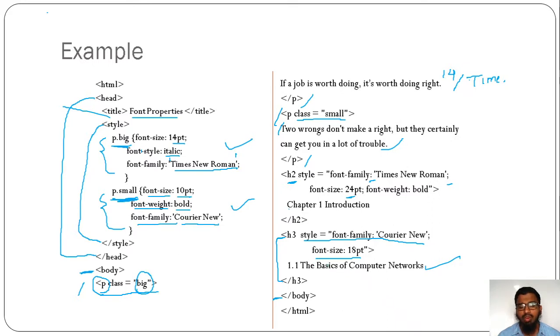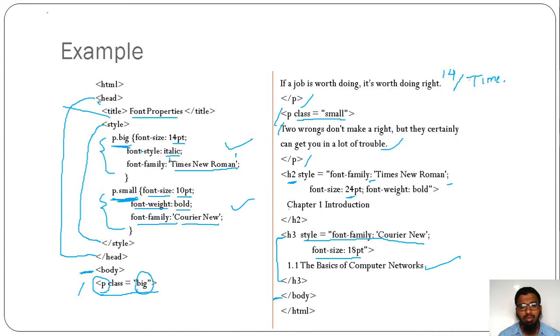So here we saw inline, on the same tag only, and internal, where in the same HTML code we have the CSS code, and we are calling the CSS style in the HTML.